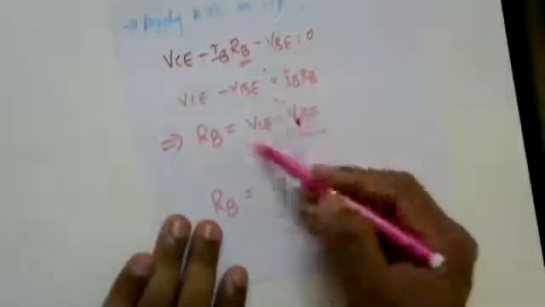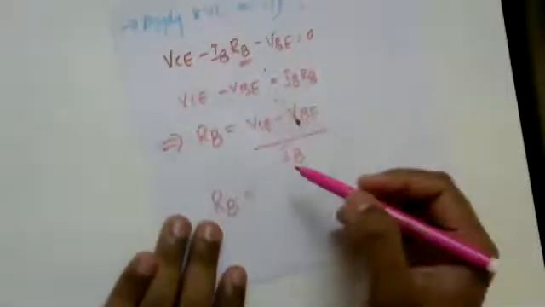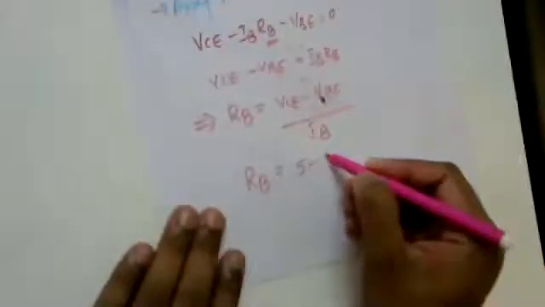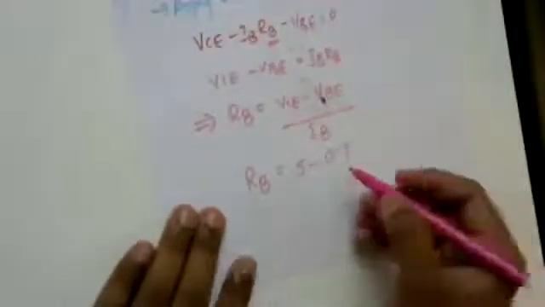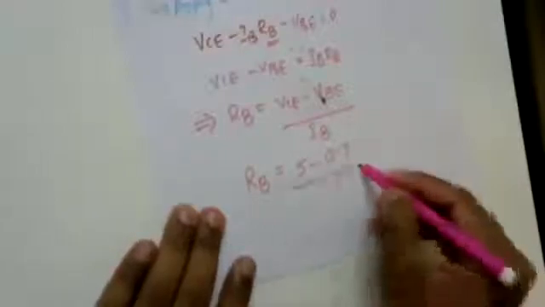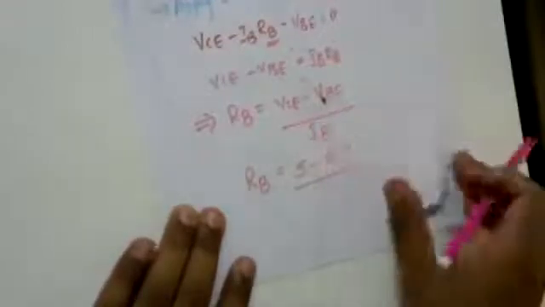What's the value of VCE? VCE is the output voltage, already given: 5 volts, minus VBE, the forward voltage drop of 0.7 for a silicon transistor, divided by the value of IB.